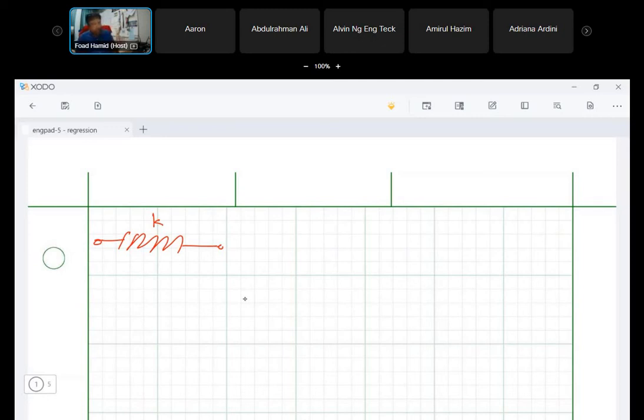Okay, so we know from physics that the force is linearly correlated to the displacement of the spring by this K, which is the spring constant. This is the force, and this is the displacement.